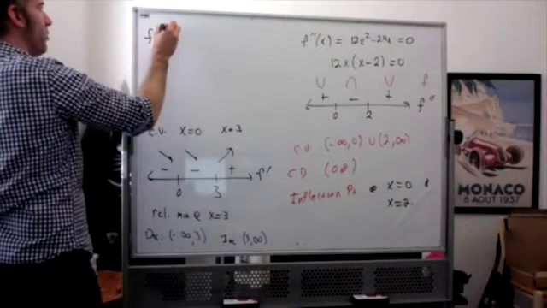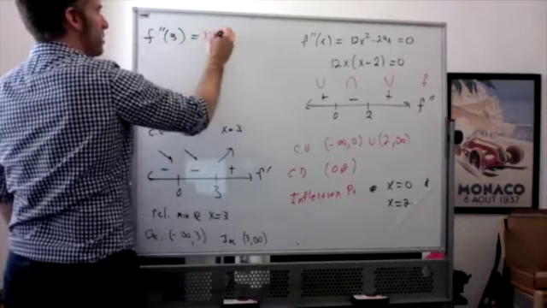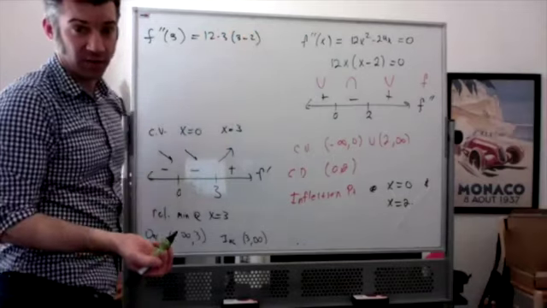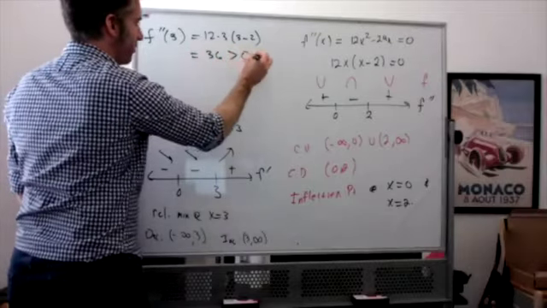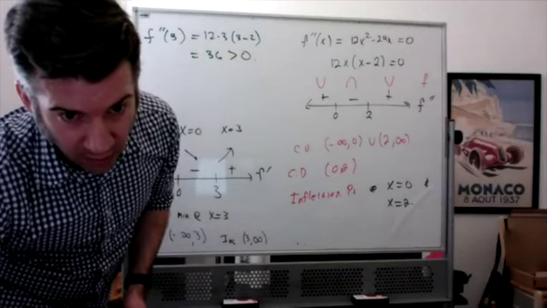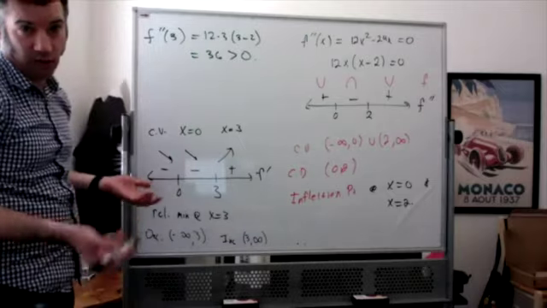So f double prime of 3 is 12 times 3 minus 2. I don't really care what the value is, although it is 36. I just care that it's positive. Here's what that tells me. That critical value from the first derivative is where I either have a max, a min, or neither.